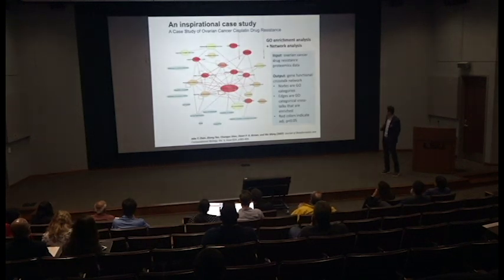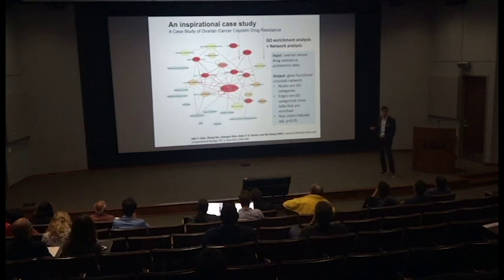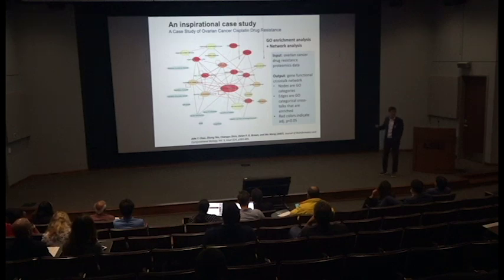Right? So there's an inspirational case study we did more than 10 years ago. Here's a network, but this network has nodes and edges. The nodes are not genes. The nodes, in this particular study, are enriched functional categories that represent collections of genes from a particular study, which is on ovarian cancer drug resistance.